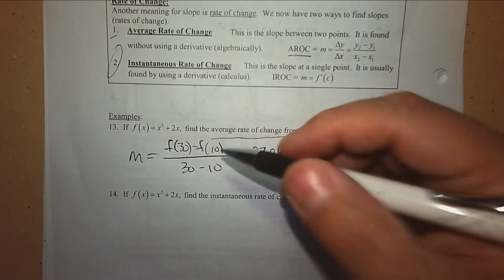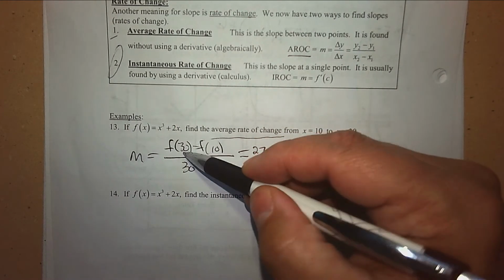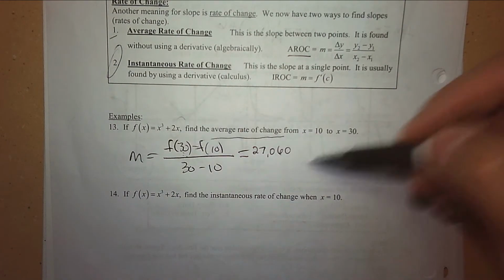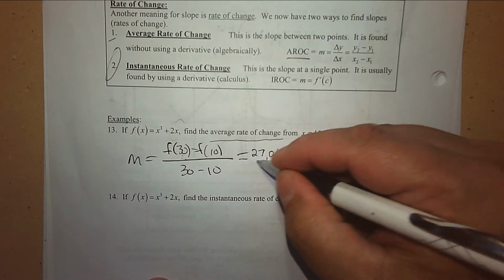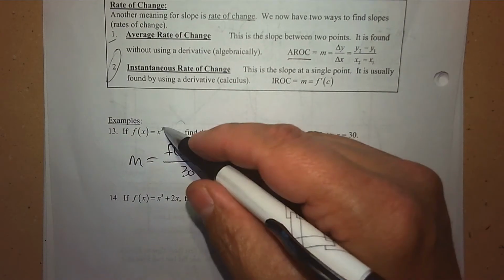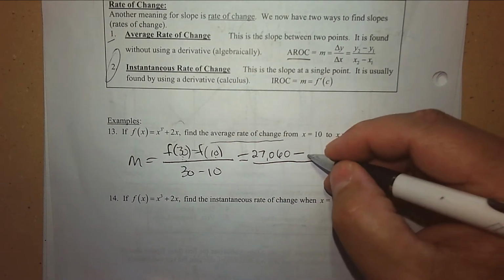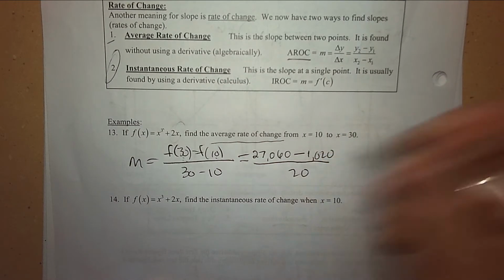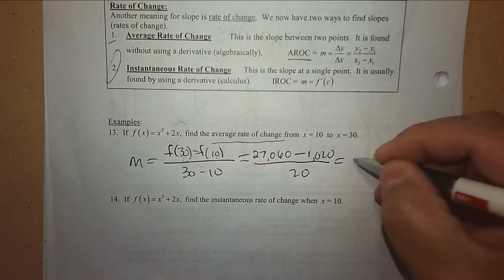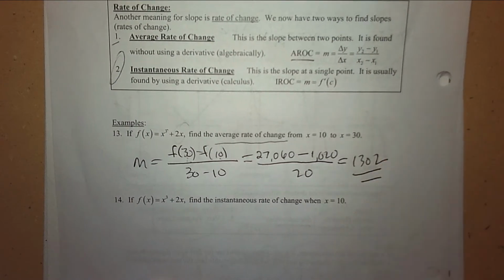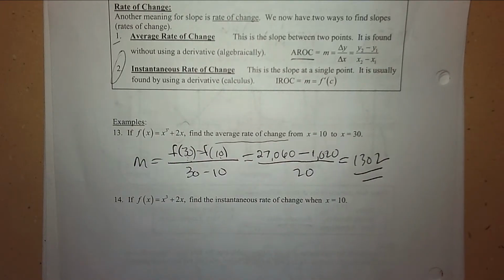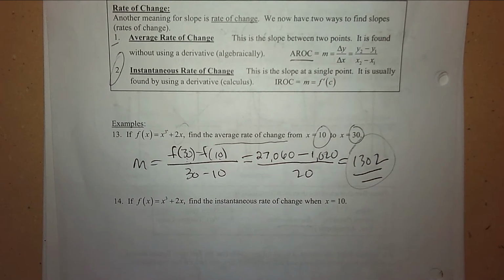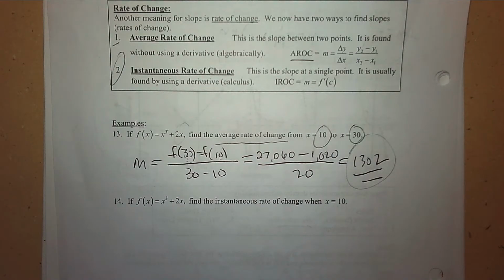You could do it in your head. You know why? Because 3 times 3 times 3 is 27, and add 3 zeros and then add 60, right? It's not impossible to do in your head. 10 cubed plus 20 is 1,020, and that's all over what? 20. If you simplified it, that would be the average rate of change. So that means from 10 to 30, the function is increasing at that rate on average.